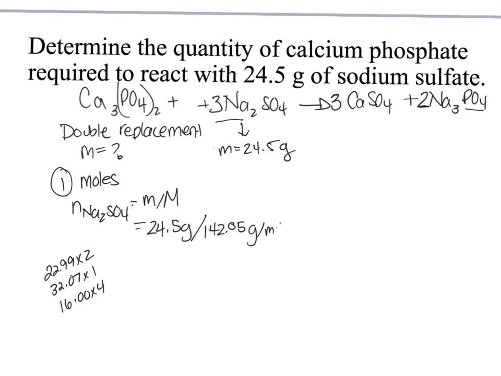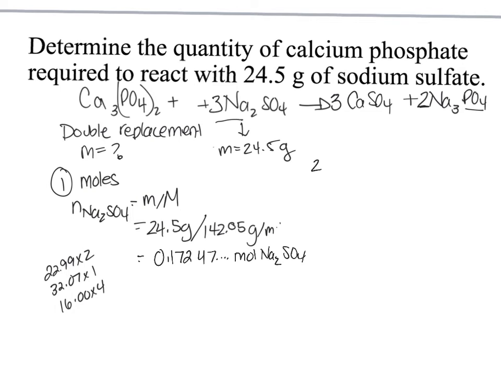So 24.5 divided by 142.05 gives me 0.17247, and this is moles of Na2SO4.